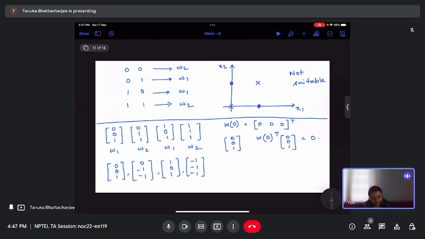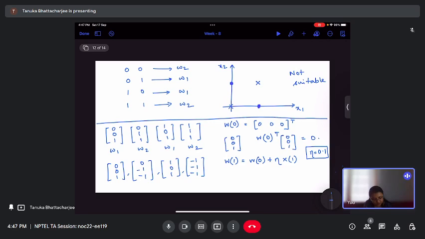And how do you update? So, you will get your W1 as W0 plus eta times your x, let us say the first one is x1, right. So, eta you can take different values. Here let me take eta equal to 0.1.